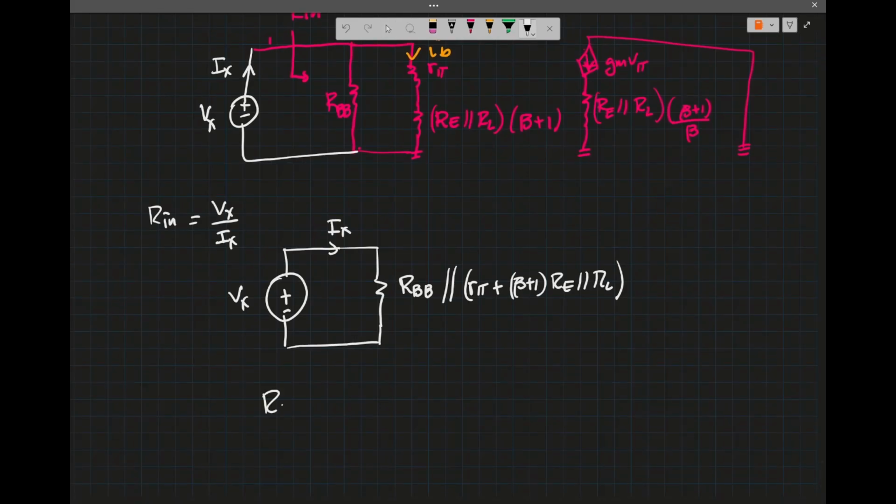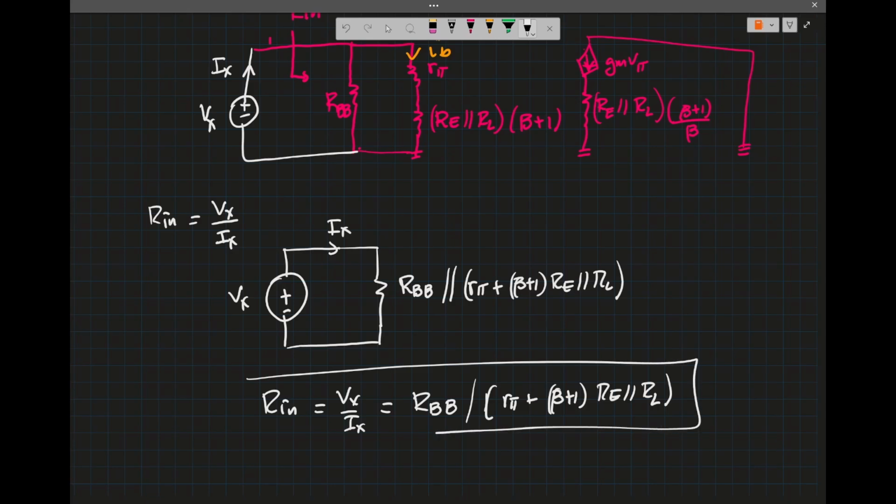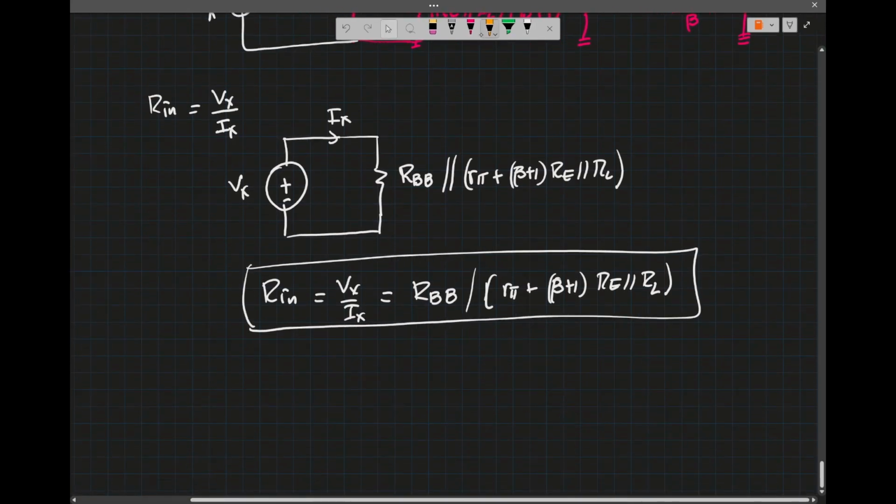As you can see, Rin, which is Vx over Ix, is RBB parallel R pi plus beta plus 1 RE parallel load. Okay, so now let's find the output impedance.